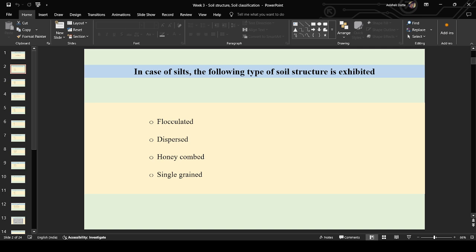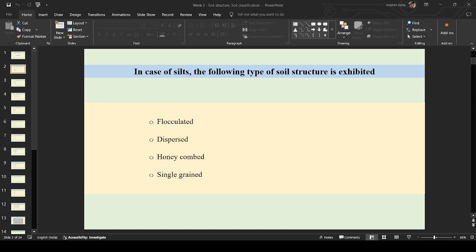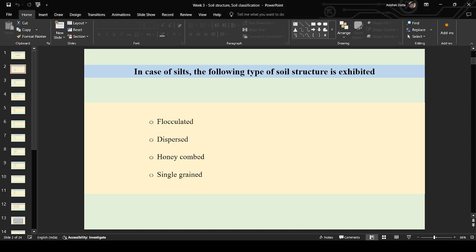Please write down the questions along with the options. I repeat the question. In case of silts, the following type of soil structure is exhibited. The options are flocculated, dispersed, honeycombed, or single grained.